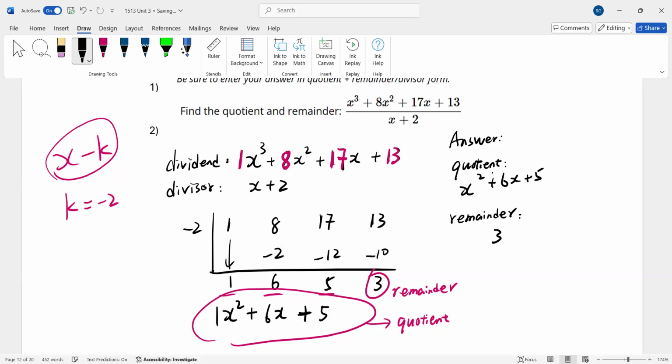All right, I'm going to ask you to do another thing. If we let f of x be the numerator, which is x cubed plus 8x squared plus 17x plus 13, what is f of -2? Be careful because this time you're plugging in a negative number.